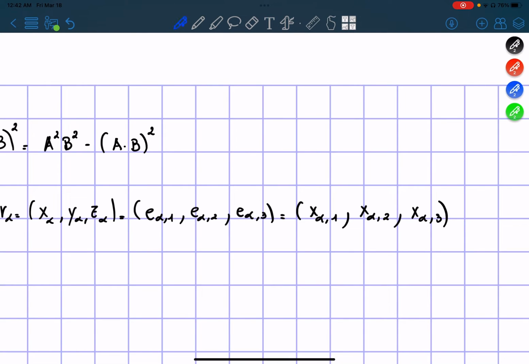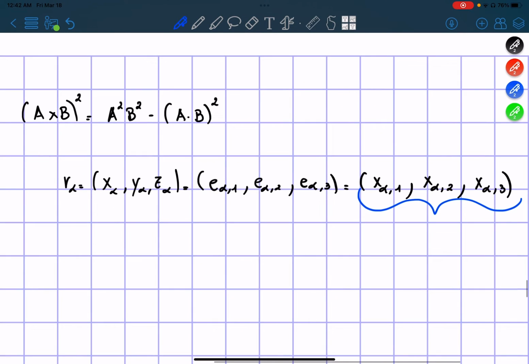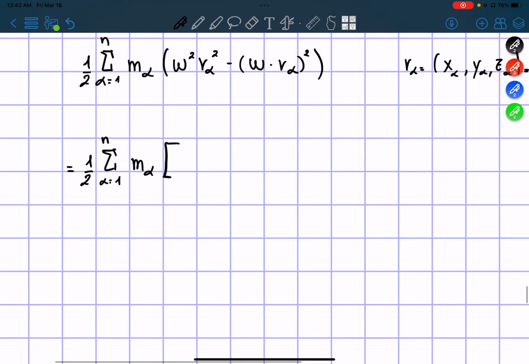I believe this is a very confusing way, but that's the way the book does it, so we're just going to go ahead and use it. I believe there is a better way, but we don't get to decide how to write the book.